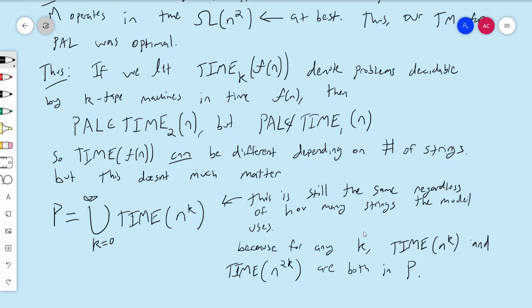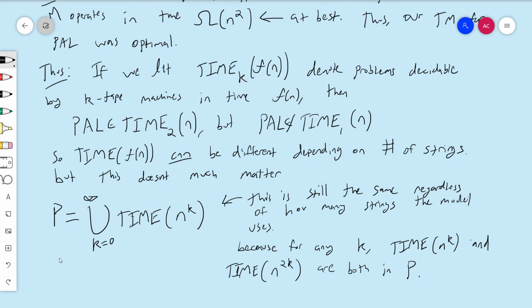So the speed up doesn't really matter from the perspective of this big class P. And since this is going to be the main class we're concerned about in terms of time and space complexity, the small amount of speed up that you get from multi-string machines will not affect what we're talking about. So in other words, the time classes are not the same depending on the number of strings, but the big classes we care about are.